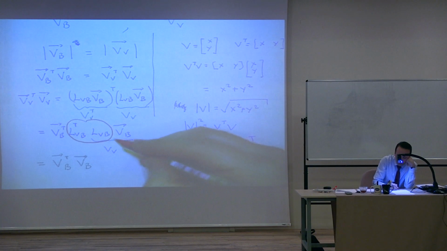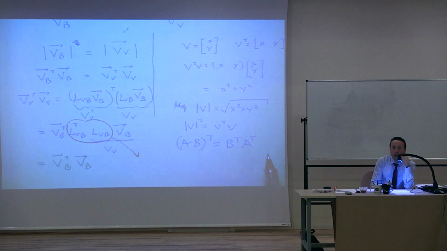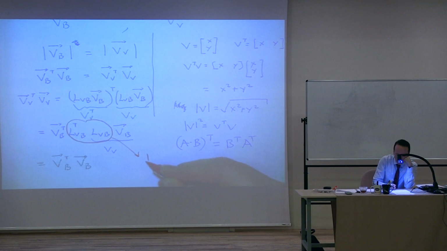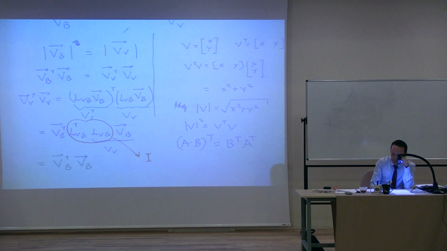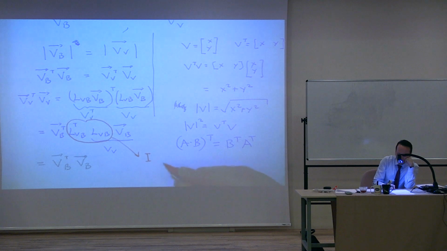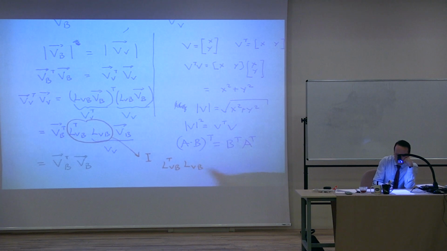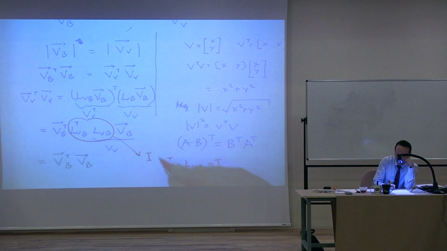is equal to what? Is equal to identity, right? It is the identity. So LVB transpose and LVB is equal to identity.